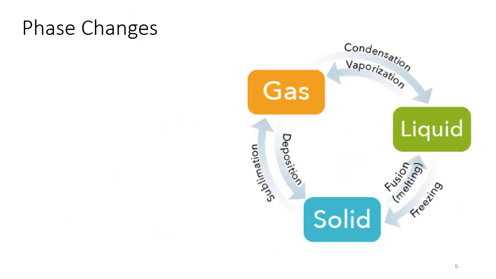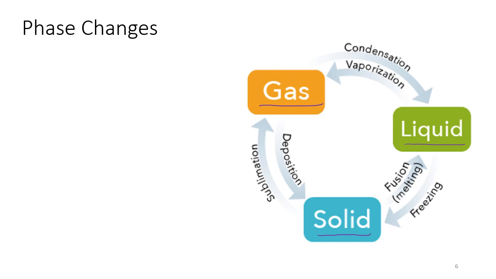Let's review the phase changes, sometimes referred to as state of matter changes, and talk about them in relation to the intermolecular forces now. Going from the solid state to the liquid state is called melting or fusion. Going from the liquid state to the gaseous state is referred to as vaporization.